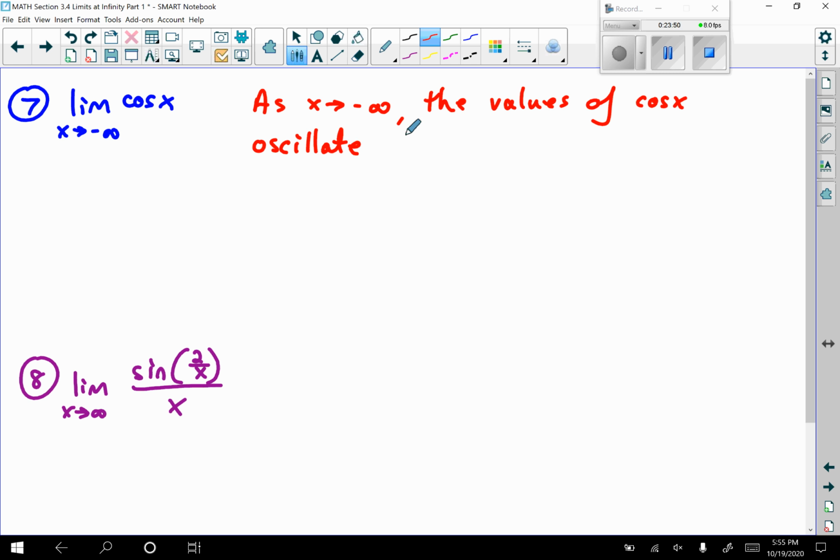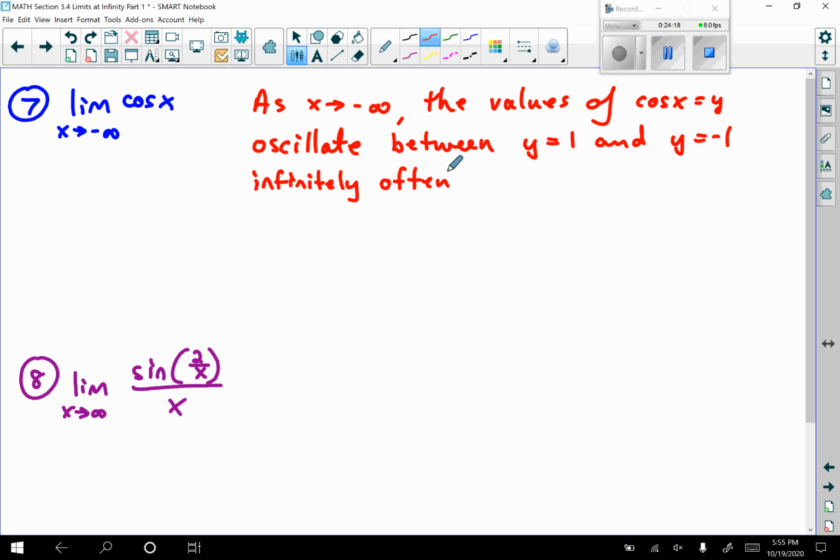The values of cosine x oscillate between y equals 1 and y equals negative 1 infinitely often, so they do not approach any definite number.